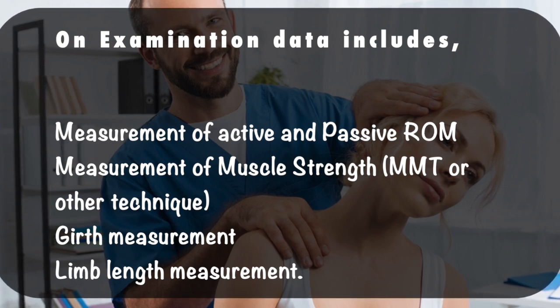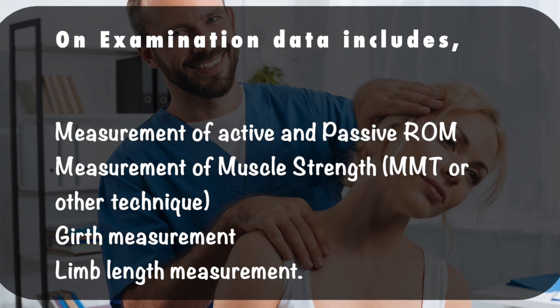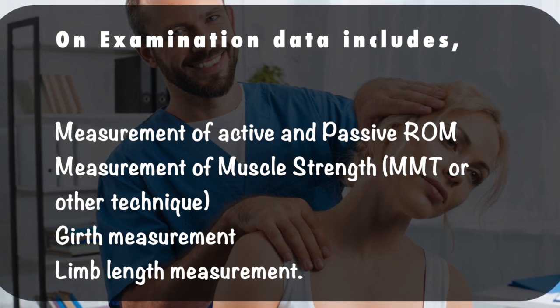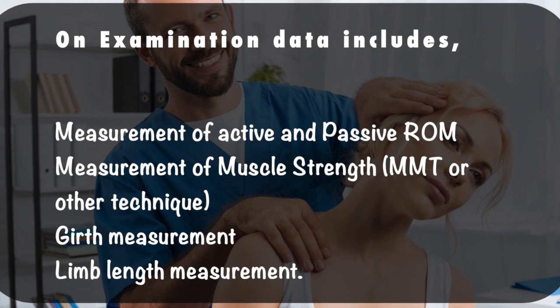Then the measurement of muscle strength. This is done using the manual muscle testing technique, to determine whether the contractile tissue is at fault or whether there is any weakness present in the muscle. Then comes the girth measurement.